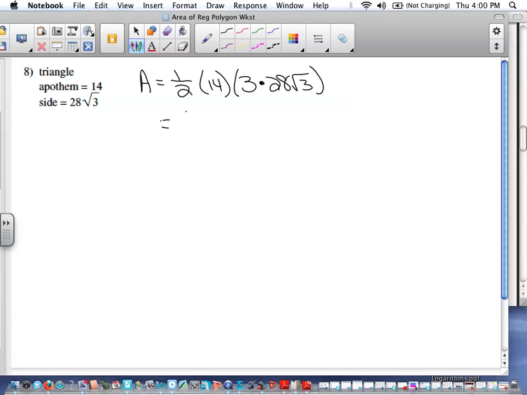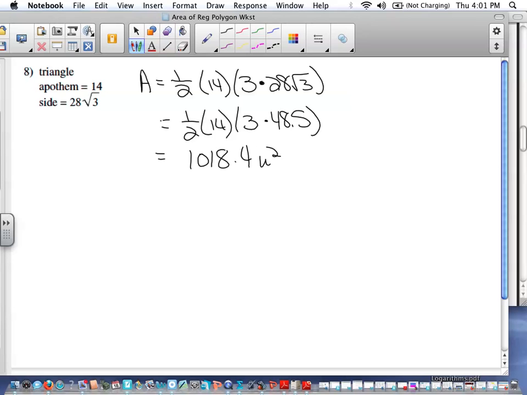So in this case, it would be 1/2 times 14 times 3 times 48.5. And that's approximately 1,018.4 units squared.